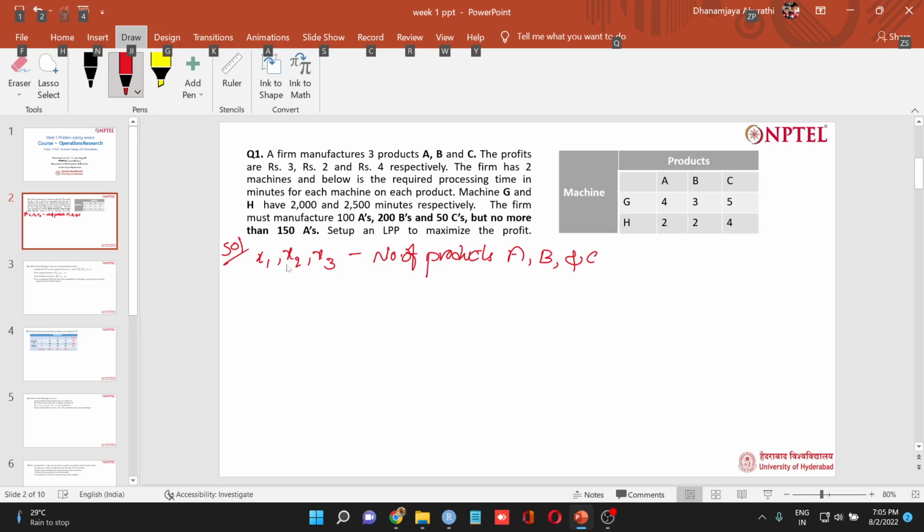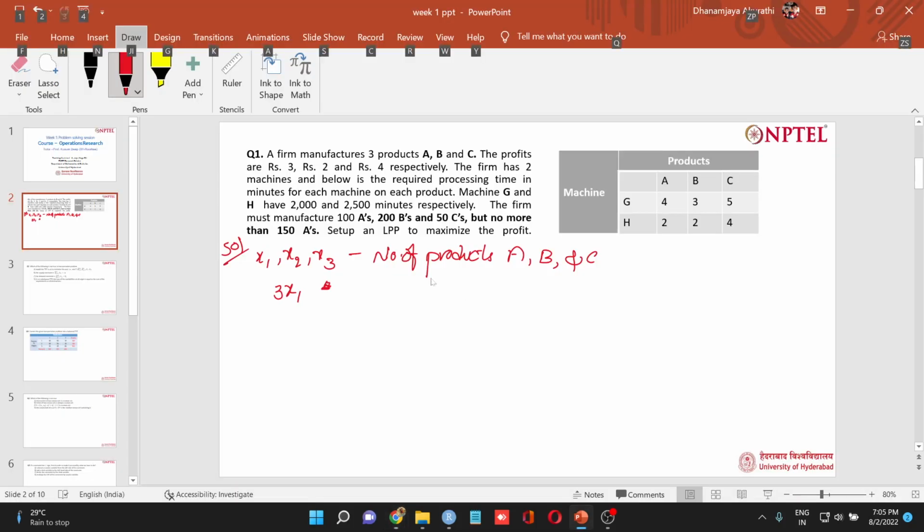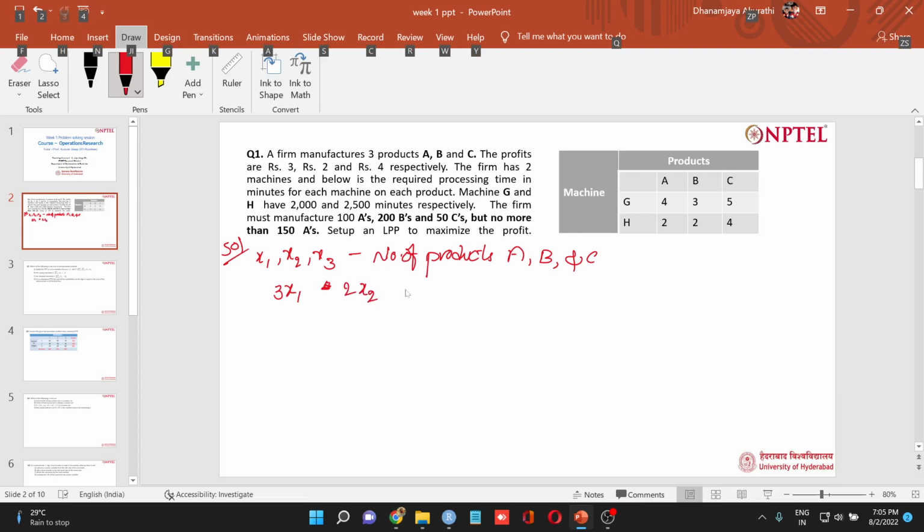The profits given are 3 rupees, 2 rupees and 4 rupees for manufacturing products A, B and C. If product A is manufactured, there is 3 rupees of profit, so out of x1 products we get 3x1 profit from product A. Similarly, 2 rupees for a single product B, so out of x2 products we get 2x2 profit from product B. And 4 rupees for product C means 4x3 profit from product C.